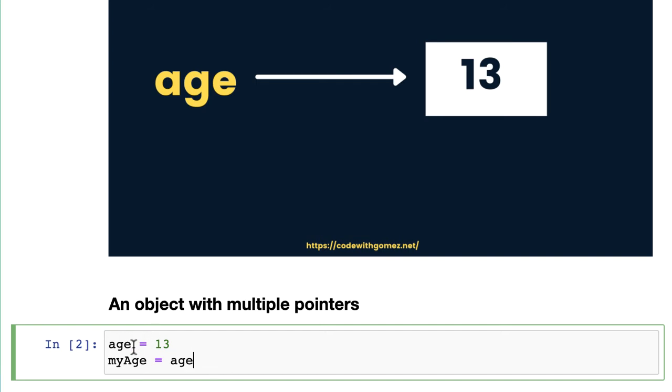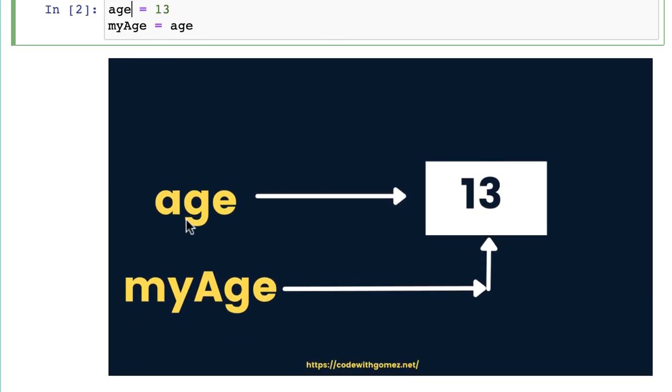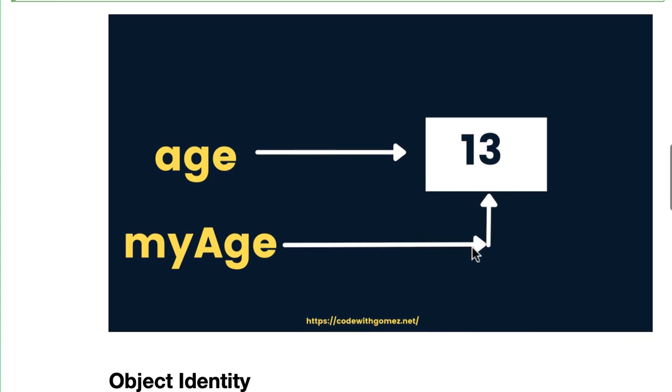What Python does is create 2 variables that are pointing to the same object in memory. So now we have 2 variables, age and my age, and they are pointing to the same object in memory.